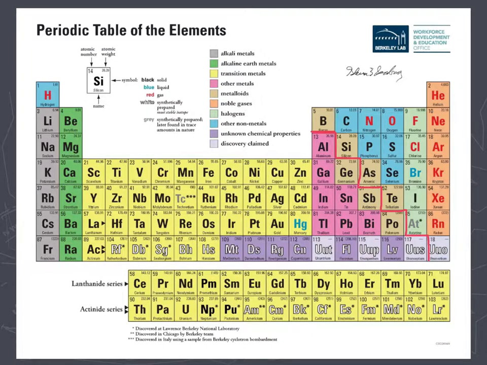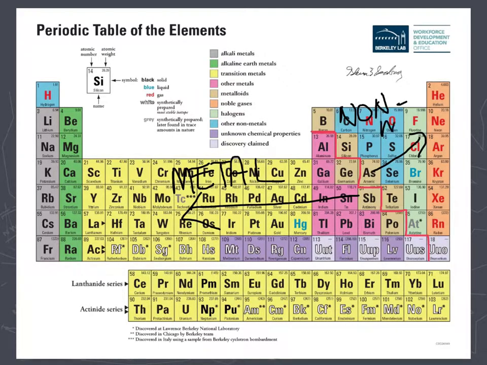The staircase separates what we're going to call metals and nonmetal elements, right? So anything to the left of the staircase, to this side, we're going to classify as a metal, and anything to this side of the staircase we're going to classify as a nonmetal. Okay, so the staircase represents the defining boundary between metal and nonmetal.